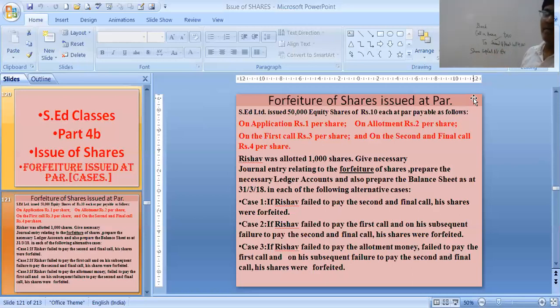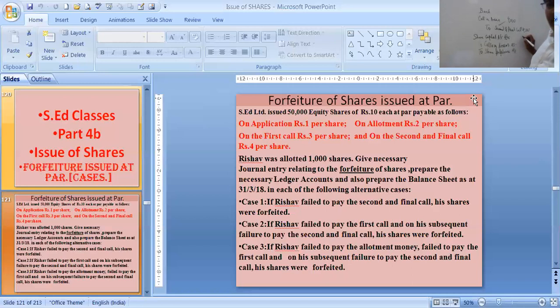Share capital account debit, to calls in arrear, how much we have not received, to share forfeiture account. That means how much we have received and are forfeiting.